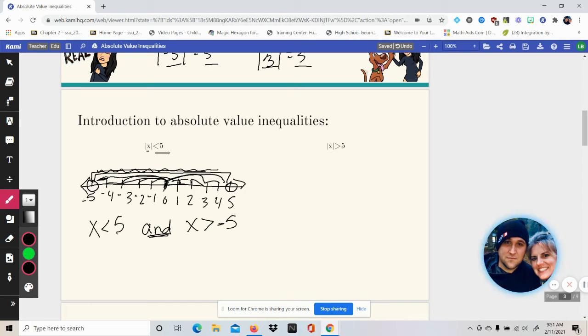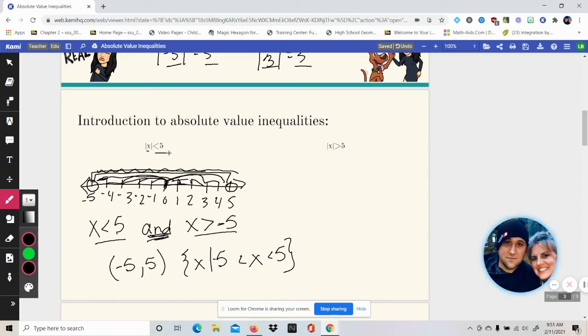All of these numbers in between here meet both of these criteria. So when I write that using my interval notation, I say, okay, it starts at -5, goes up to 5, and I'm not including them. If I'm using set builder, we say x such that x is sandwiched in between -5 and 5.